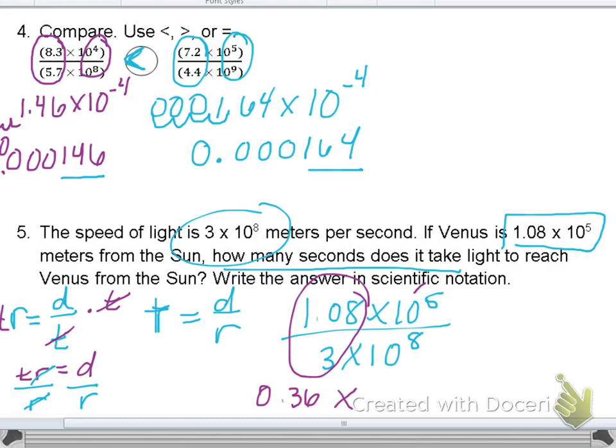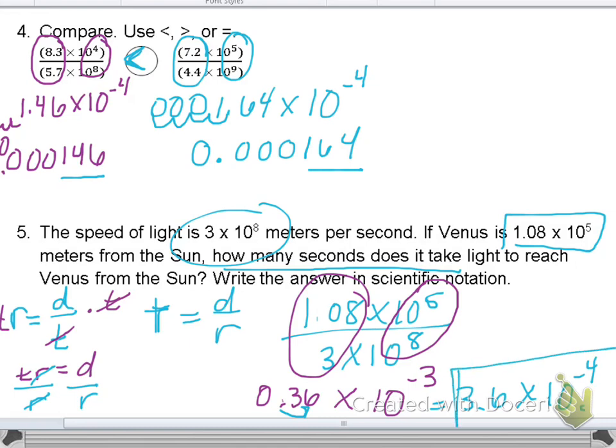And 10 to the 5th divided by 10 to the 8th, we're going to subtract 5 minus 8, which is -3. Now we know we can't have a 0 in front of the decimal. It has to be a non-zero number. So we do need to move our decimal to the right one space so that we have 3.6 times 10 to the -4th. And that would be seconds, labeling with our unit.